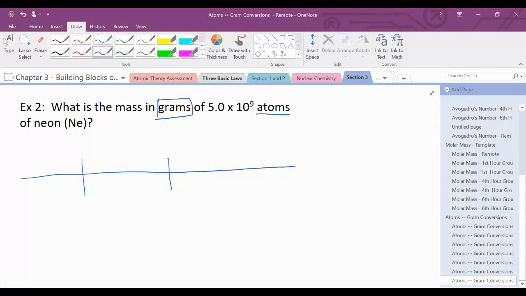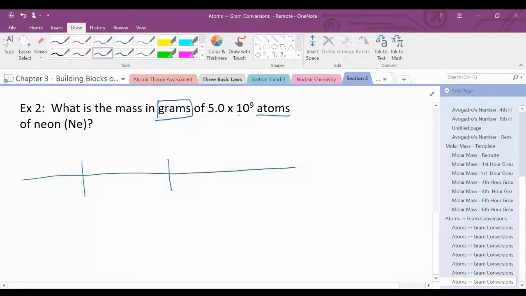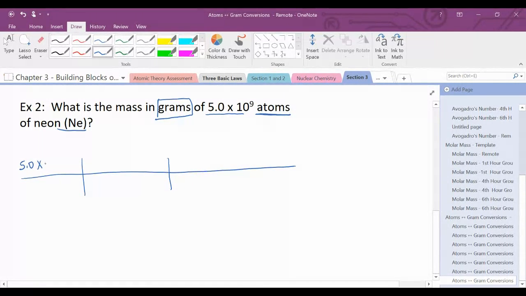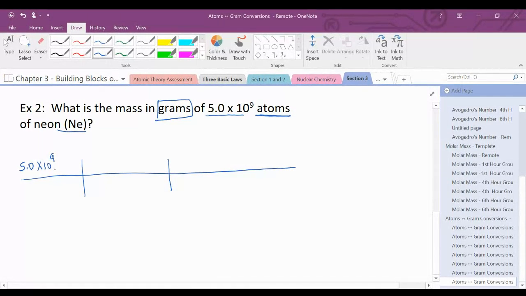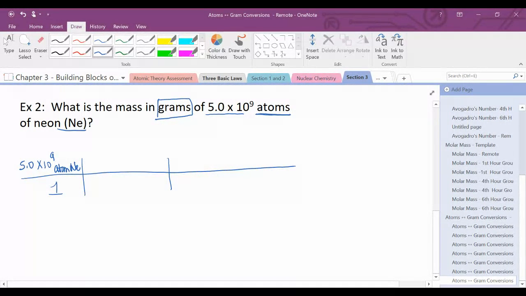Whatever goes in the first box is always your given. The given has a number, a unit, and a substance, and you can choose to leave the space underneath blank or put a 1 placeholder there.